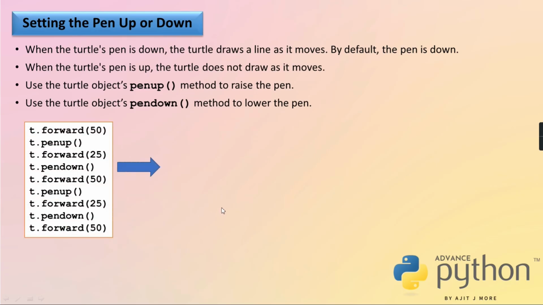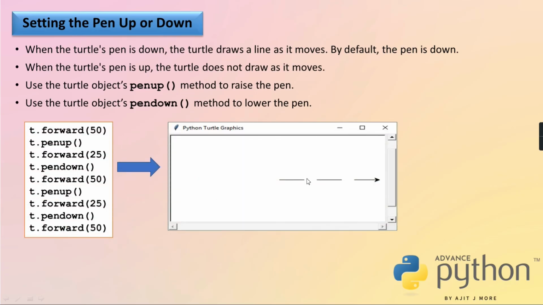See, just an example I've given. Forward 50, then pen up, forward 25, again pen down, forward 50. But when we are saying forward 50, at that time the pen was down, so the mark is seen. Now again pen up and forward 25. But during forward 25, the pen is up, so nothing is drawn. Getting?